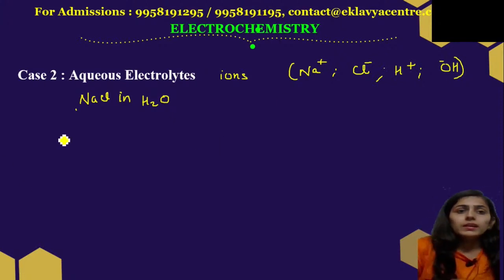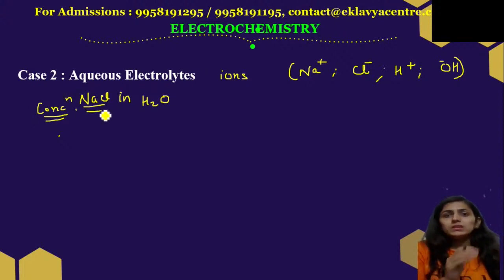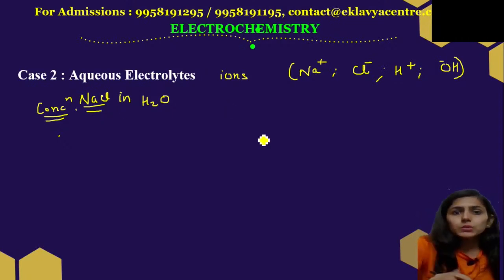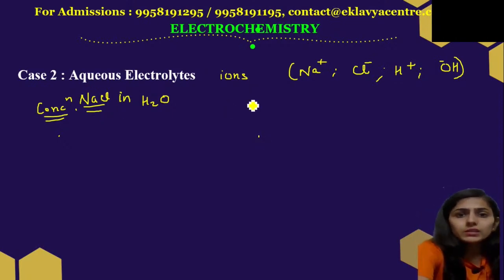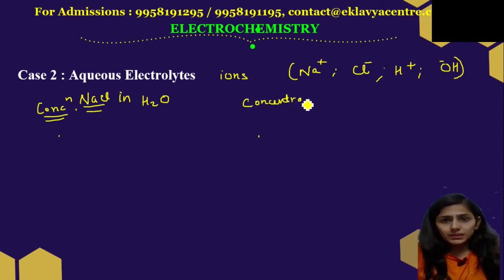Here we are assuming that the NaCl is concentrated, because in the previous video I told you that we need to understand the factors. So here we are taking concentrated NaCl. If nothing is mentioned in the exam, then you have to assume that NaCl is concentrated, right?